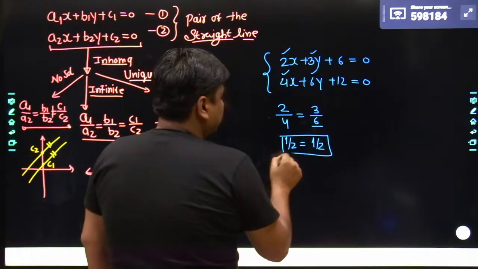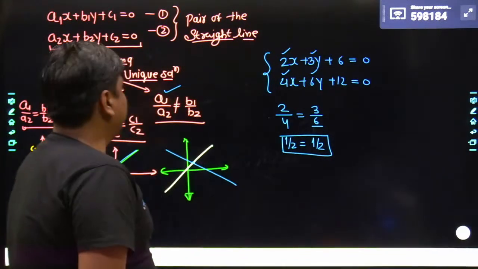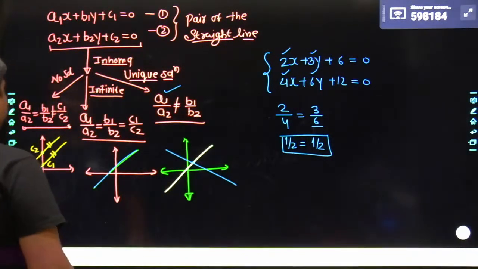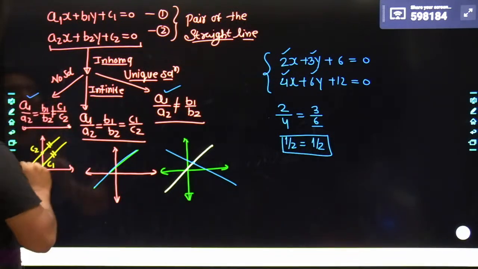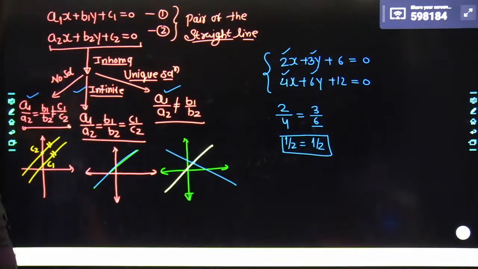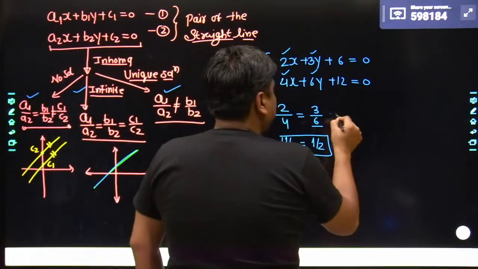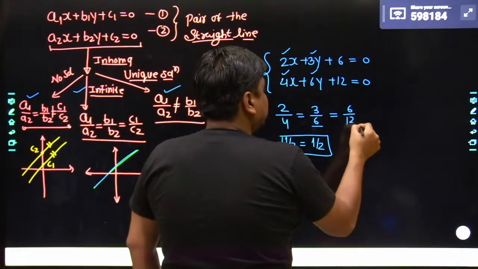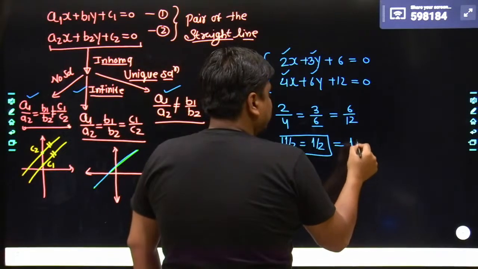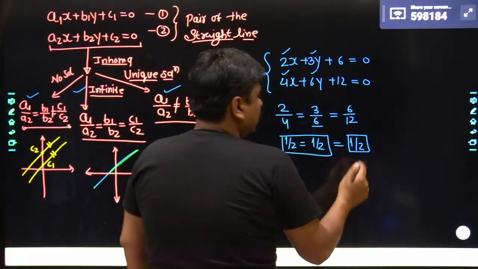And if A1 versus A2 is equal to B1 versus B2, obviously you fall under one of two categories, either the no solution case or the infinitely many solution case. Now, at the end of the day, you have to focus on the ratio between C1 and C2. Once you calculate this ratio, even this comes to be 1 by 2.